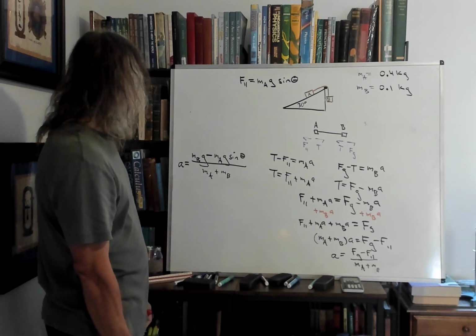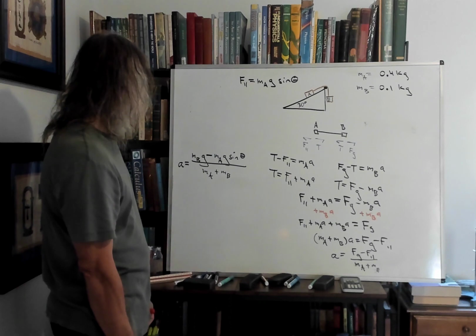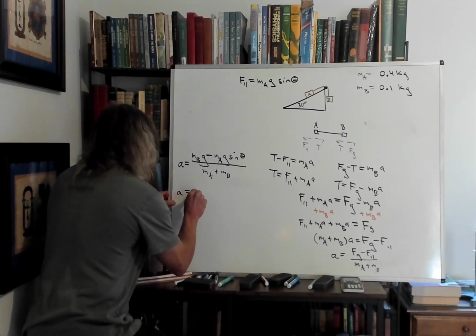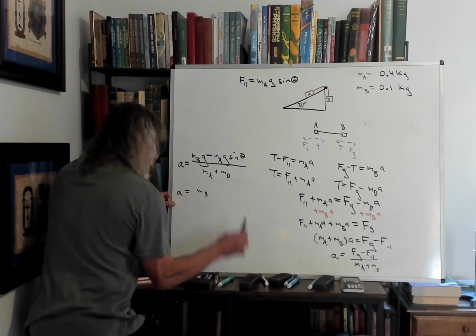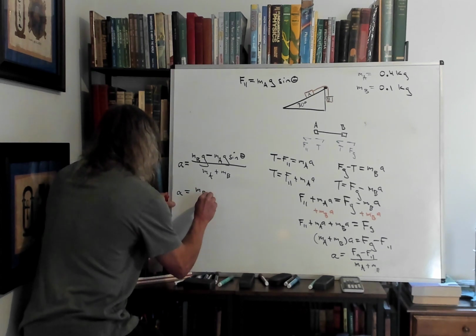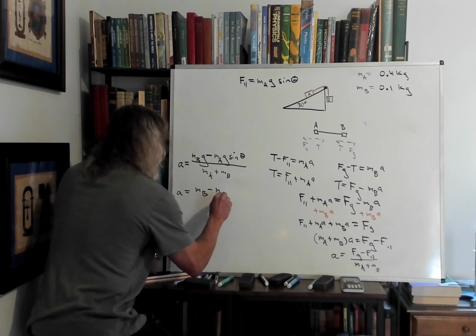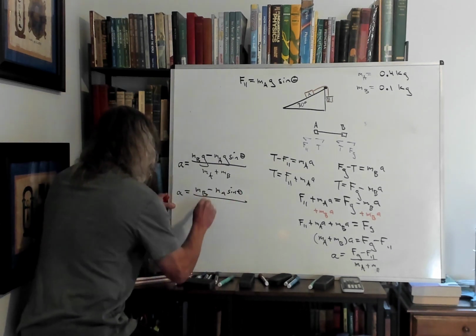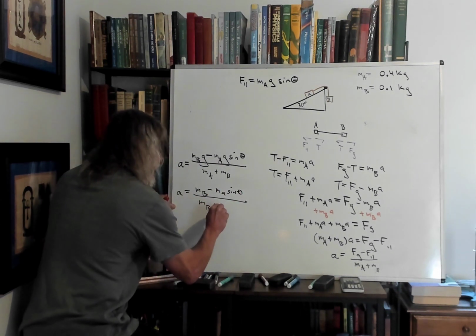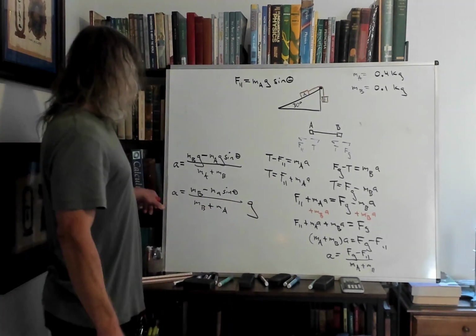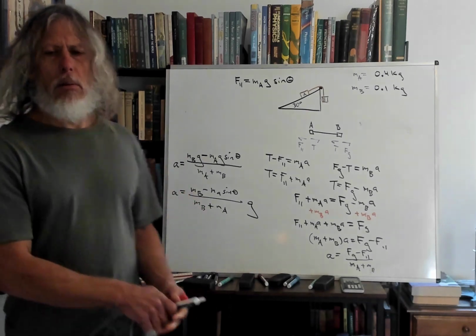And then if we want to rewrite it, we could factor out the G. So we could say M_B minus M_A sine theta over, I'll rewrite this, M_B plus M_A, times G. Oop, computer screen went dark.